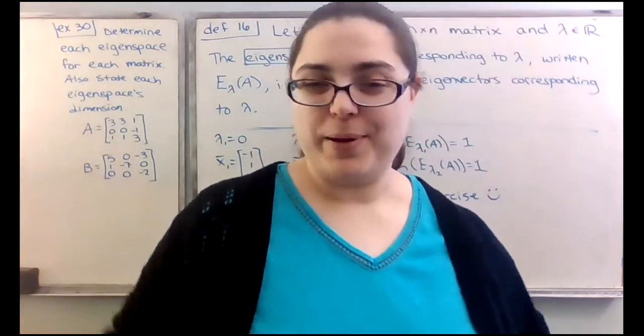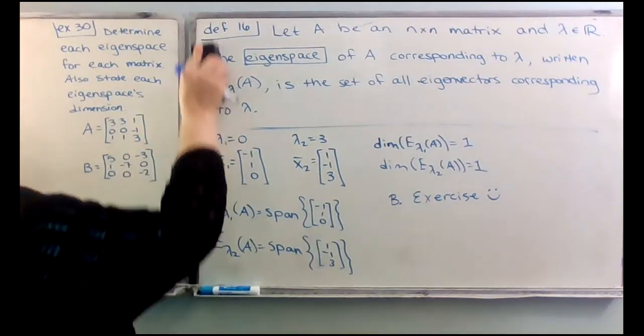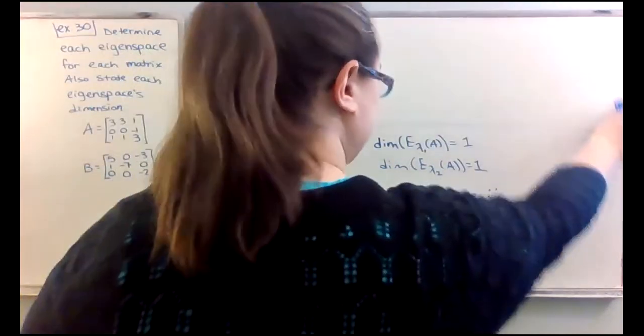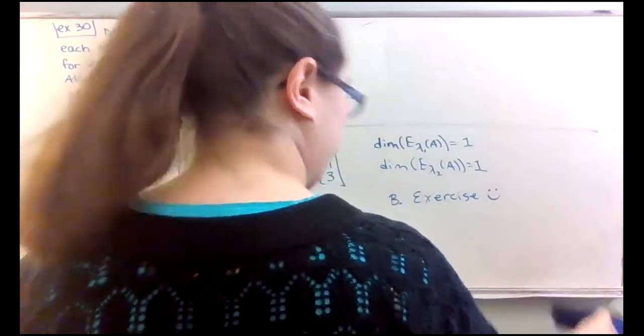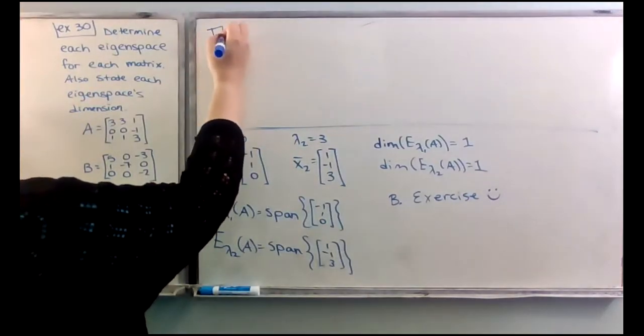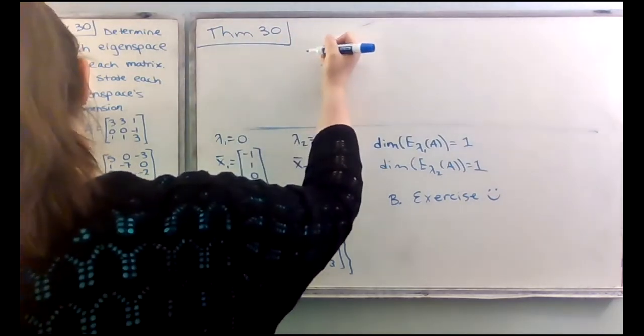So to wrap up this video, we have just one theorem to close on. This is theorem 30. We ended with example 30. Why not end with theorem 30 as well? And here's what it says.